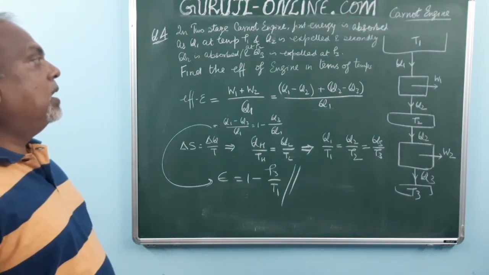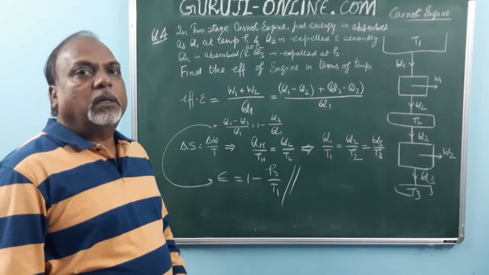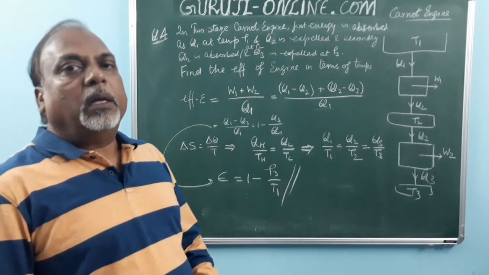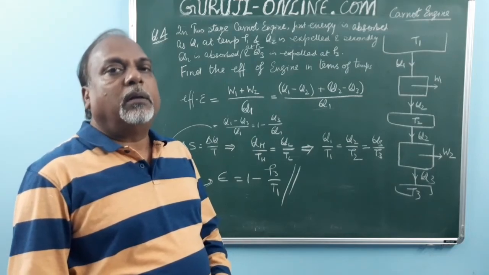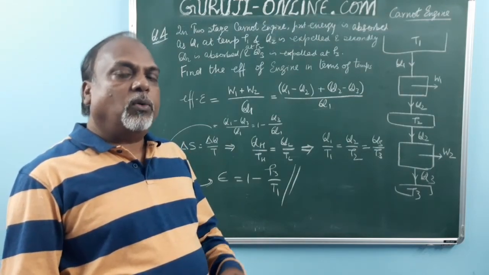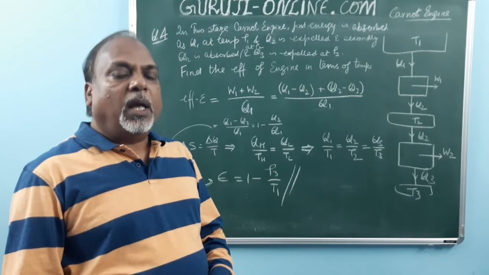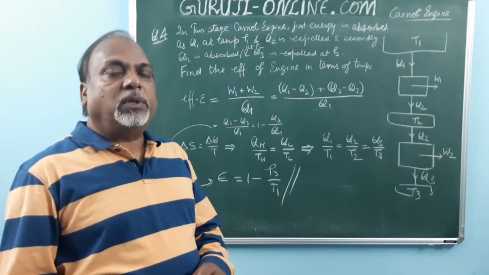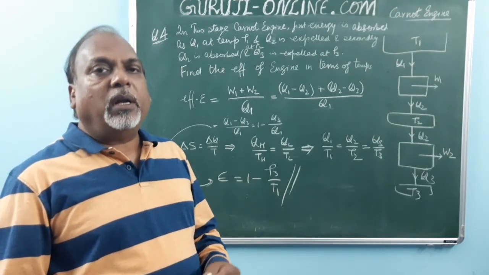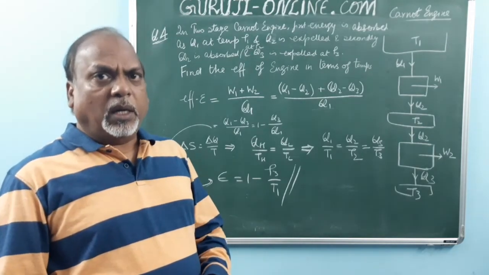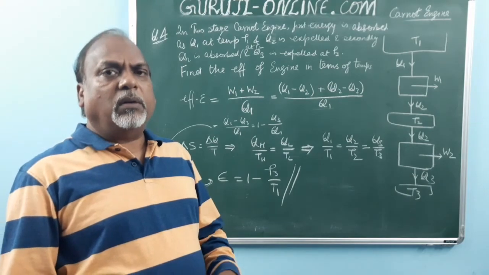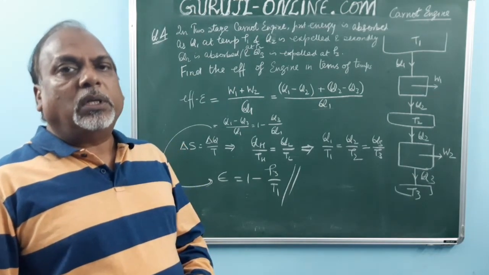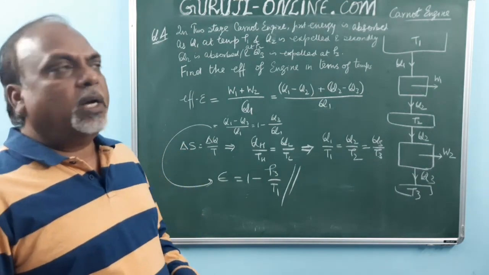The only thing is we have to understand clearly what is to be done. Basically questions remain very simple once we understand them. And this is what we have to see through the questions, how we can understand, how we can crack the questions, how we can solve the questions. So these were some few problems regarding Carnot engine.